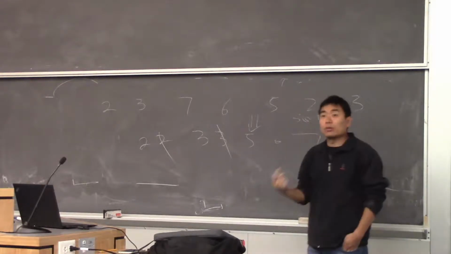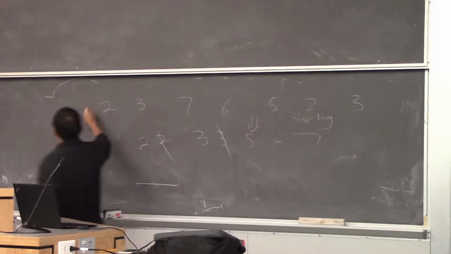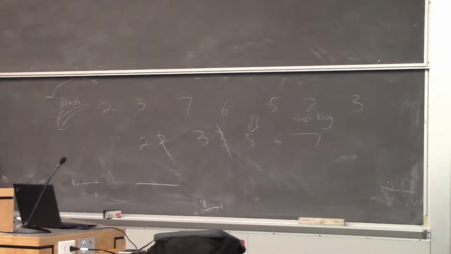Of course, you can also do duplicate elimination by hashing. By hashing, what happens? It's guaranteed that 2 and 2 will be in the same bucket. And 3 and 3 will be in the same bucket. 5, 6, 7. But of course, this is the ideal case. In practice, you may have collisions. So 5 might end up here, 6, 7 might end up here.